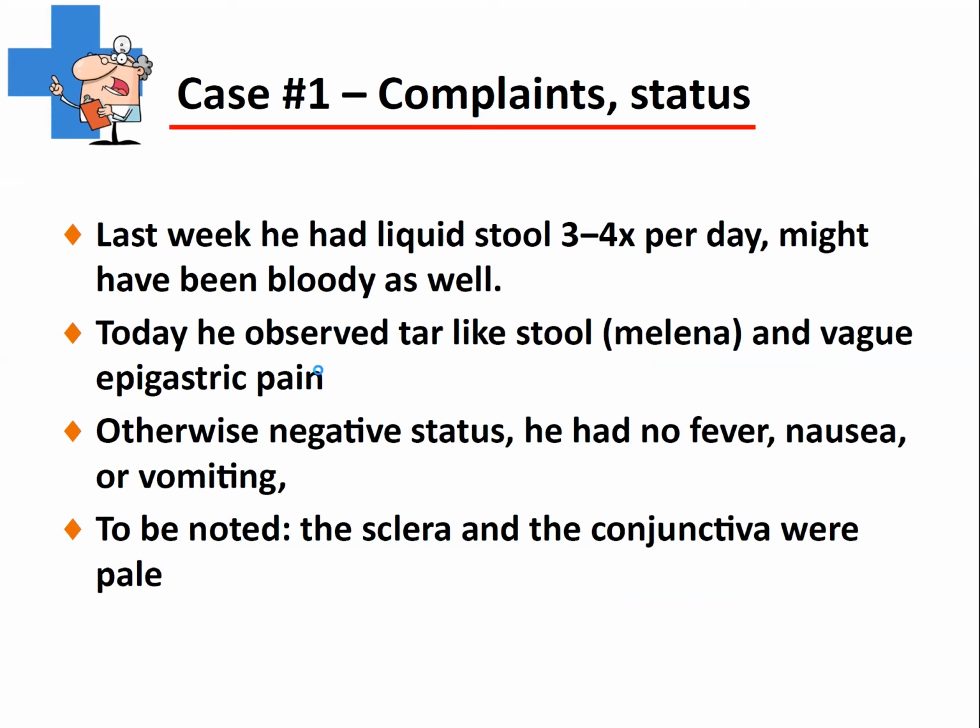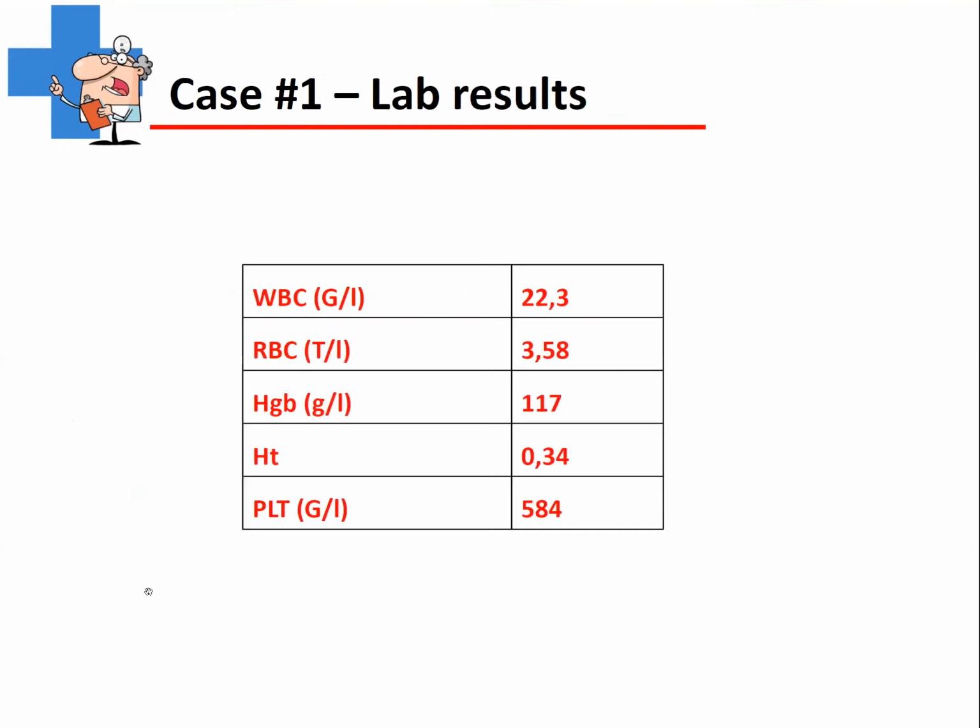Today he observed tar-like stool, meaning that the blood should come from the upper tract, melena, and vague epigastric pain. Otherwise, negative status. He had no fever, nausea, or vomiting. Notice the sclera and the conjunctiva were pale, meaning anemia. So this patient had anemia.